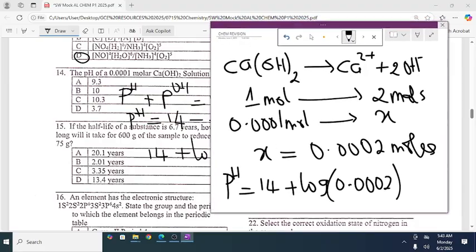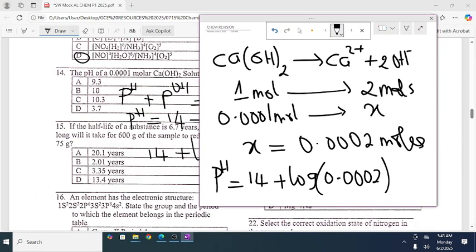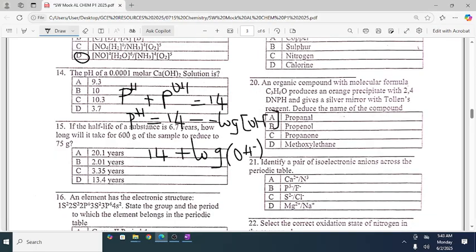Always be vigilant: whenever you're given a base and asked to find a pH, you need to take 14 minus the pOH, and to get the pOH you must get the concentration of the hydroxide ions. So you ionize the base and get the concentration of the hydroxide ions. Now I'm going to wipe off everything we have here. We are very certain that option C is correct, 10.3.